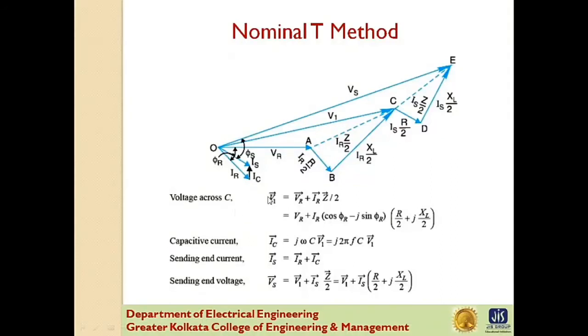Already I have discussed that V1 equals VR plus IR into Z by 2, and putting the value of IR and Z, we get this expression of V1. IC is equal to J omega C into V1, where we put the value of omega, that is 2 pi F, C into V1, and Is equals IR plus IC, and Vs equals V1 plus Is into Z by 2.